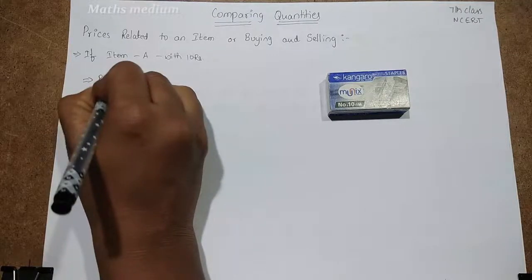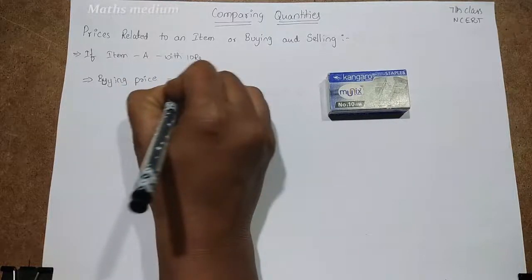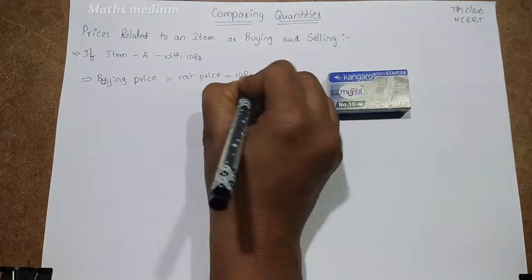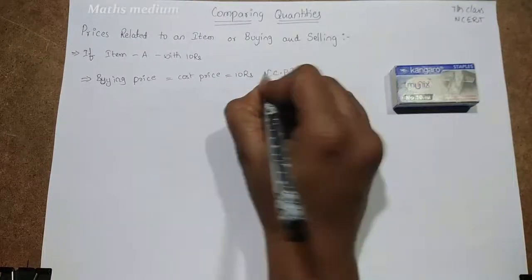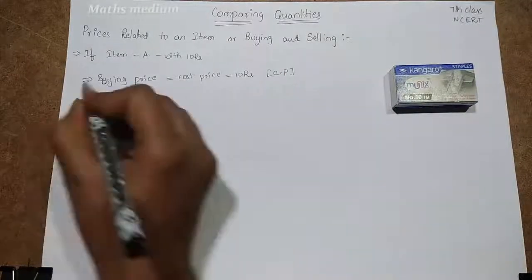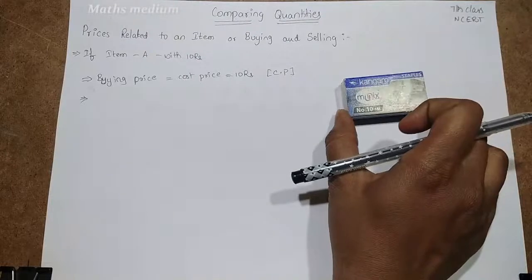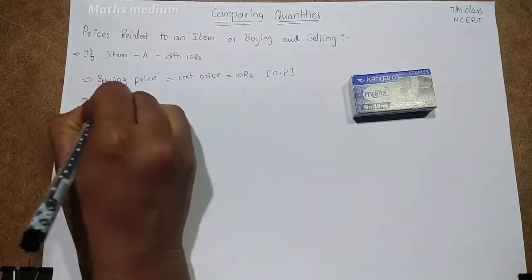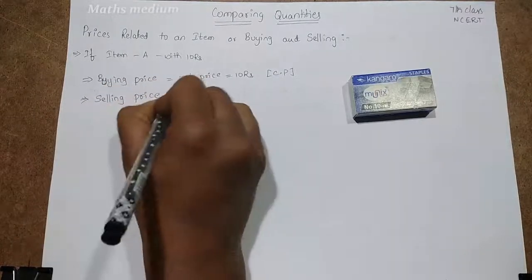Buying price or cost price is equal to 10 rupees. In shortcut we can call it CP, cost price. Now, if in case I am selling this item with 12 rupees, it is called selling price.